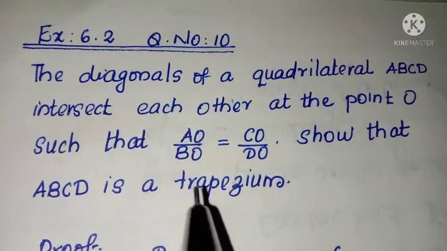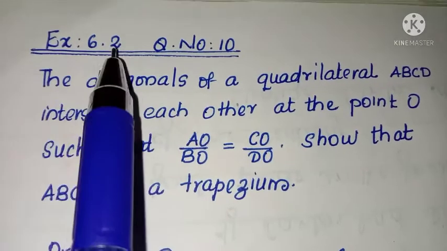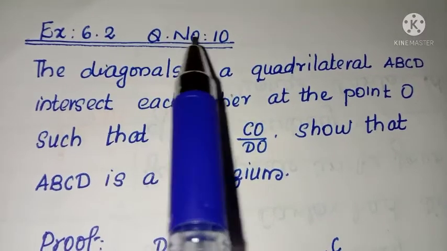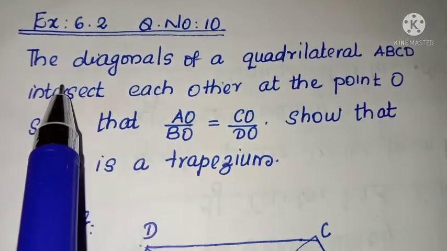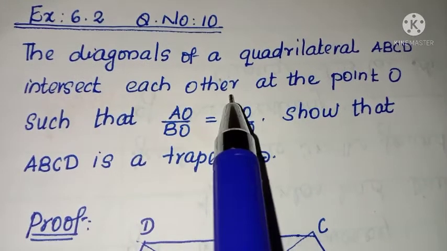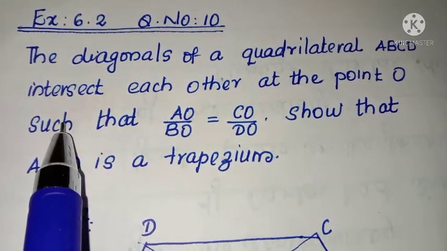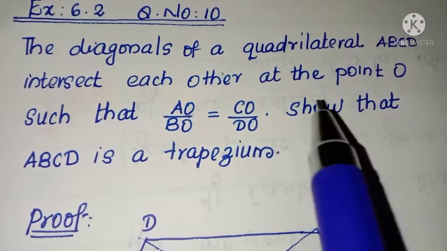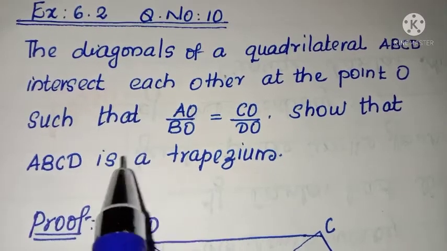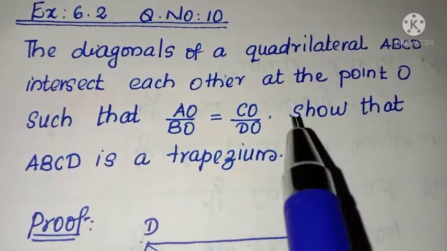Okay students. Now exercise 6.2 question number 10. The last question. The diagonals of a quadrilateral ABCD intersect each other at the point O such that AO by BO equal to CO by DO. Show that ABCD is a trapezium.